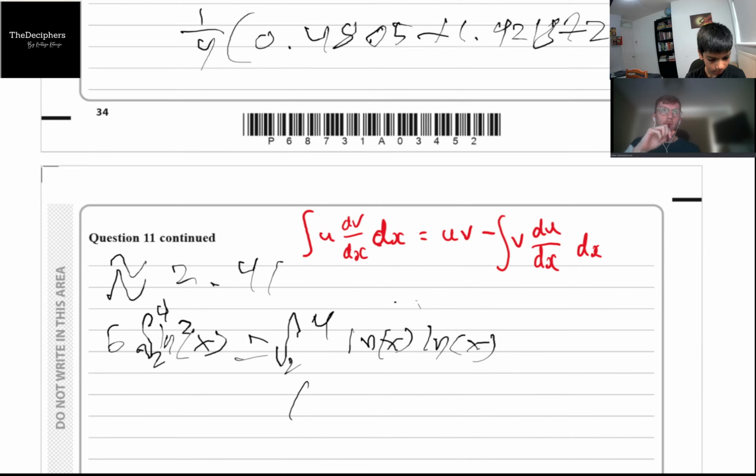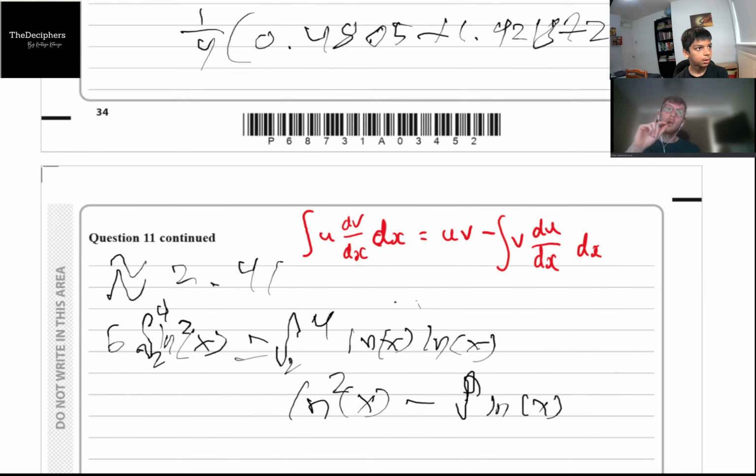So ln x times ln x minus the integral of ln x, then the integral of ln x is just 1 over x. The derivative of ln x is 1 over x.